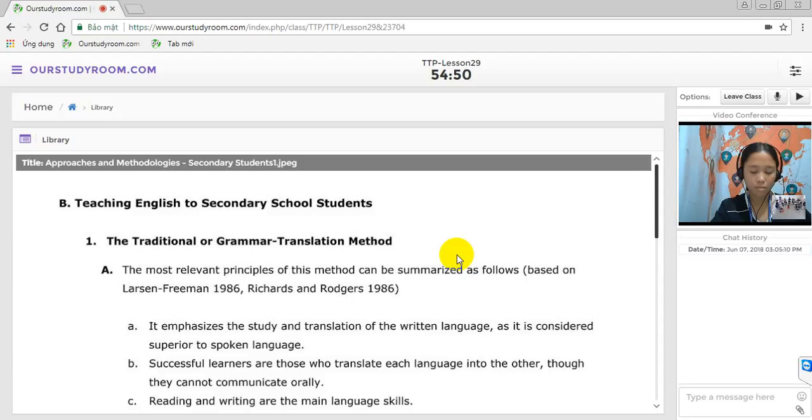Students have to know what a conjunction is and other grammatical terms for understanding. The native language is the medium of instruction and is used as a comparison with the target language.